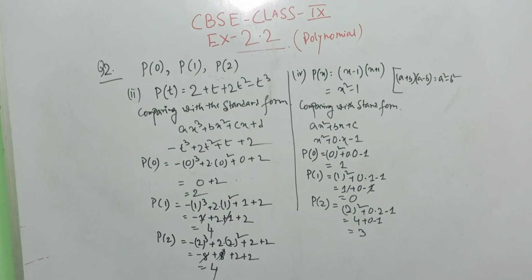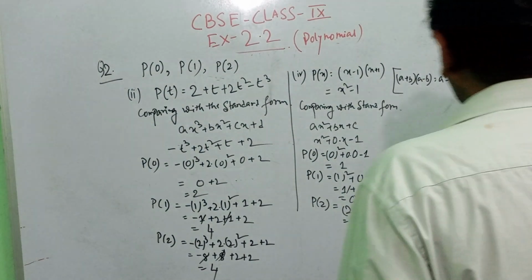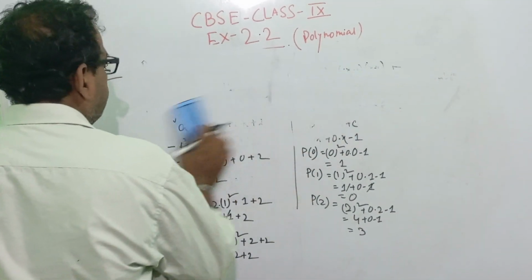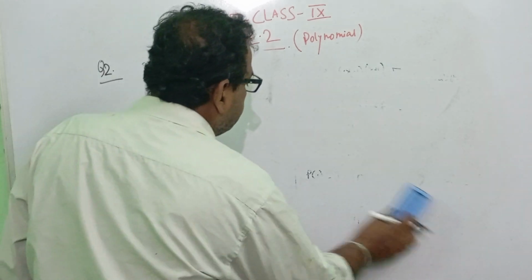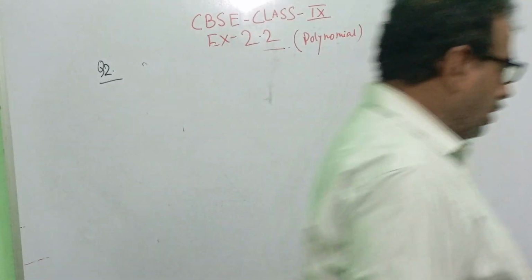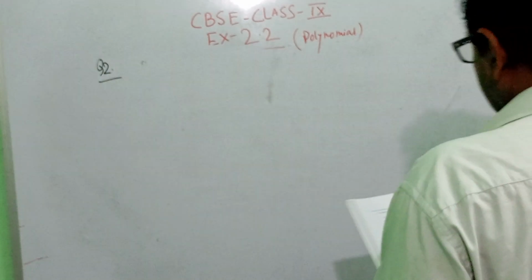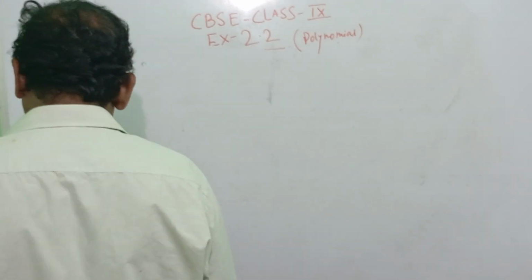Now question number 3. They have asked whether the following are zeros of a polynomial or not.